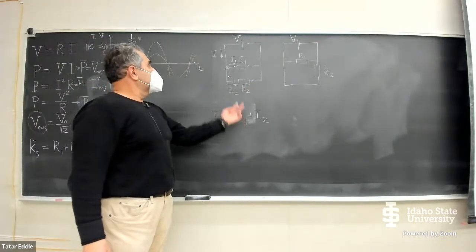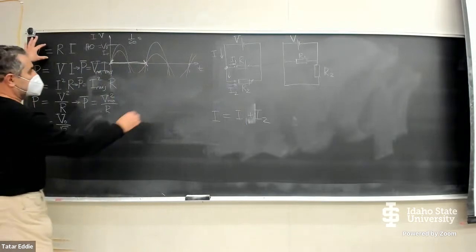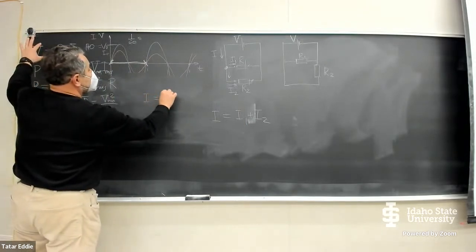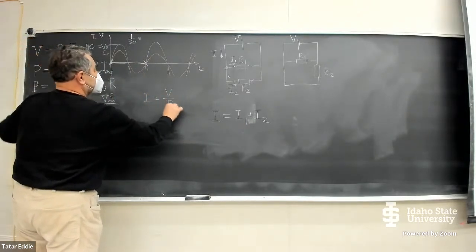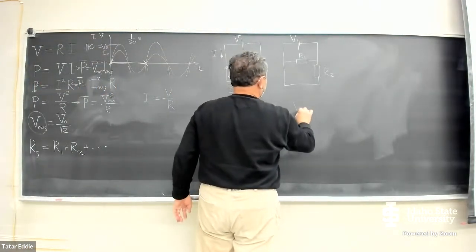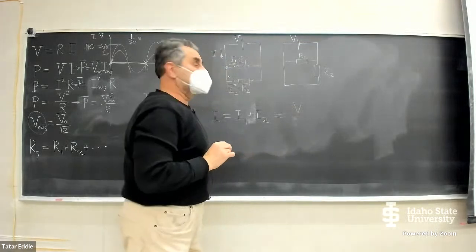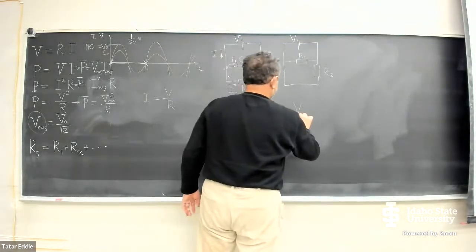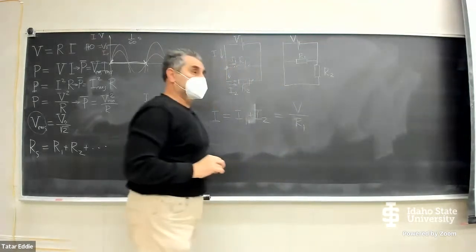The current, according to Ohm's law, is equal to voltage divided by resistance. So the current I1 should be equal to the voltage across the first resistor divided by the resistance of that resistor.